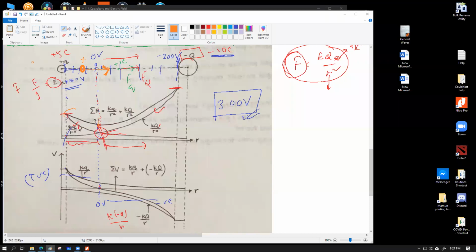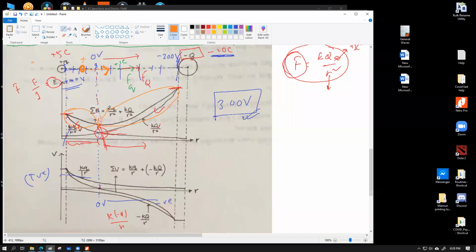You have a reducing force for this segment. You have an increasing force for this segment. What does force affect? Does force directly affect velocity, or does force affect acceleration? Acceleration.